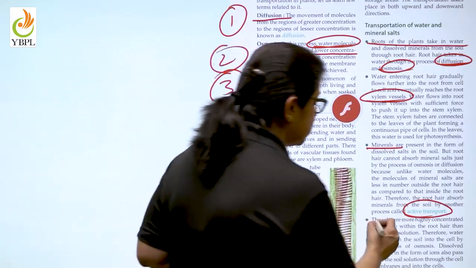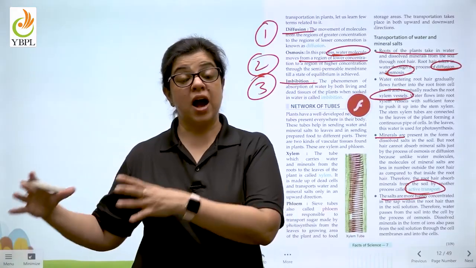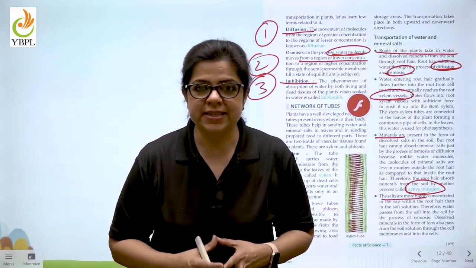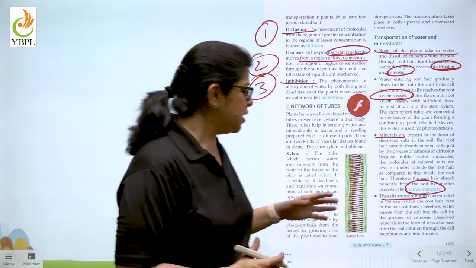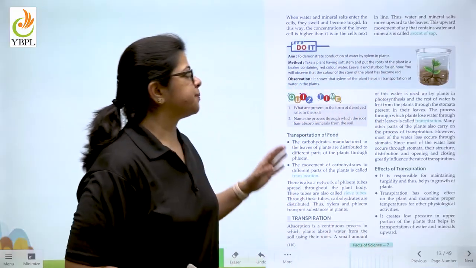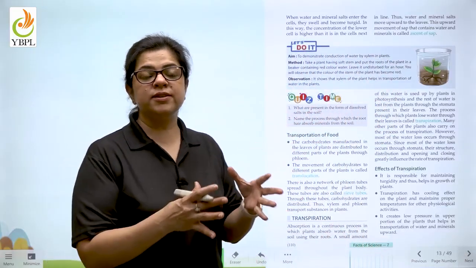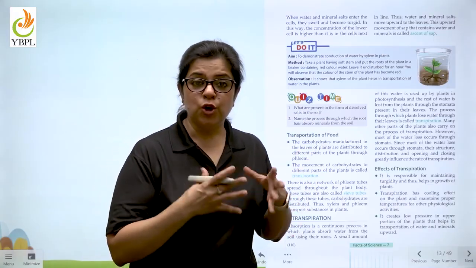Children, the salts are also absorbed because they are in a higher concentration outside in the soil and in a lower concentration inside the root. So that is why they move from the higher concentration to the lower concentration. Now, as you have learned, this concentration of minerals and water increases in the roots.